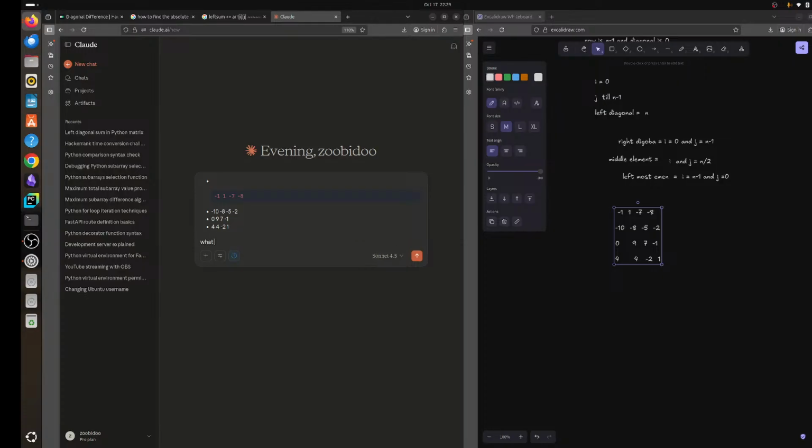What are the absolute left diagonal and right diagonal in this matrix? This matrix. I should identify this one. I'm also confused a little bit.